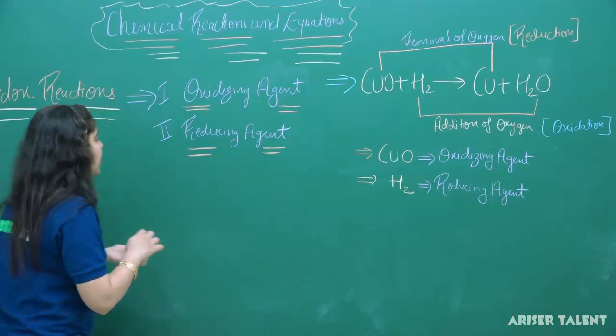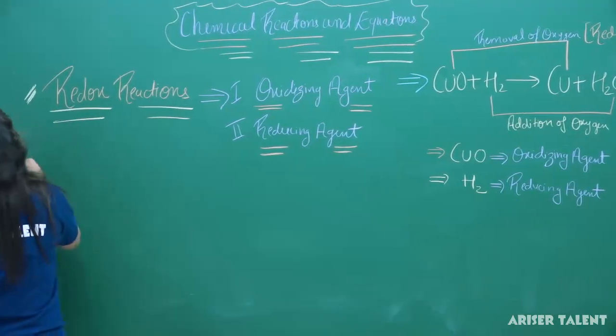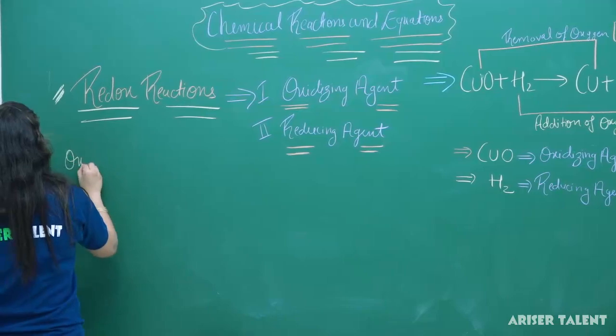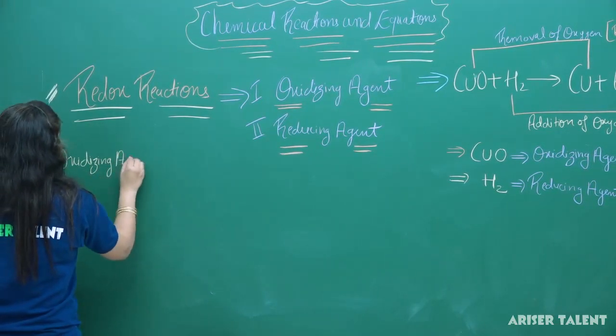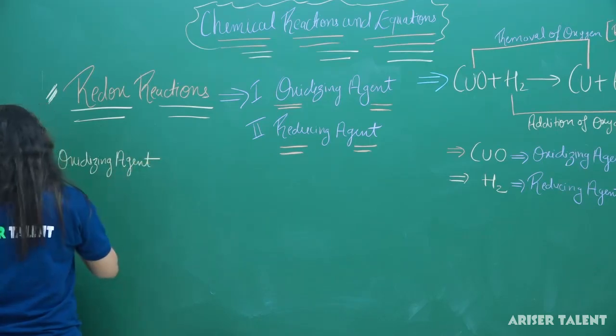From this example, I hope it is clear to you what are oxidizing agent and what are reducing agent. Now we will write about the definitions of oxidizing and reducing agent. So we have our first category, oxidizing agent.